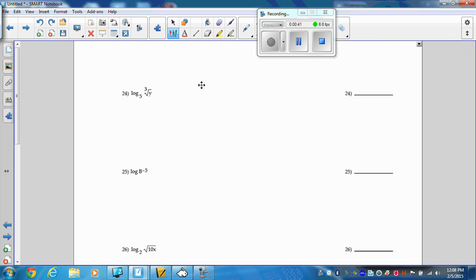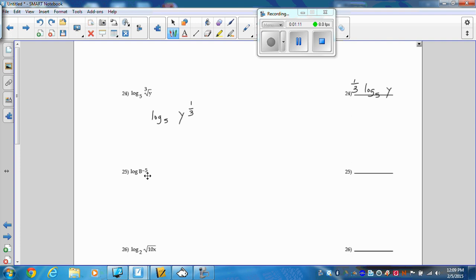So for this one, we might want to write this as log base 5 of y to the 1/3. And so remember the power rule comes down and it would be 1/3 log base 5 of y.